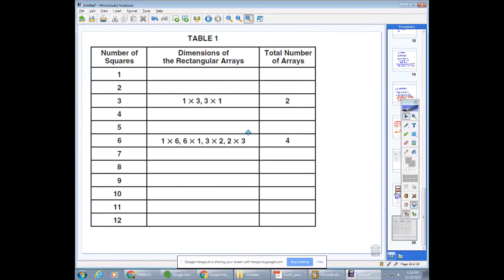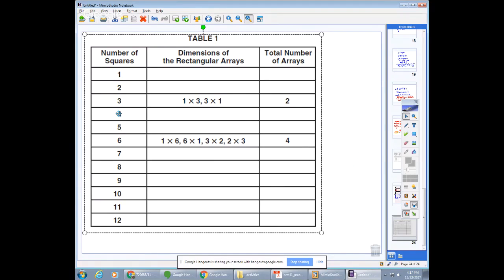Okay. So this one's a little bit different. In this case, we want to use the graph paper to build rectangles that have this number of squares in them. So for example, let me get the graph paper out again.